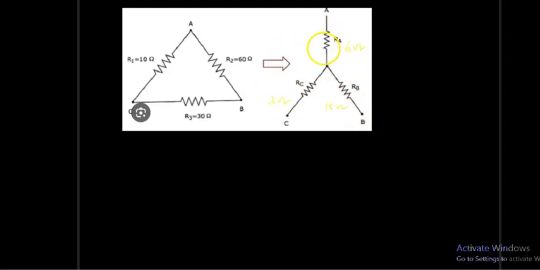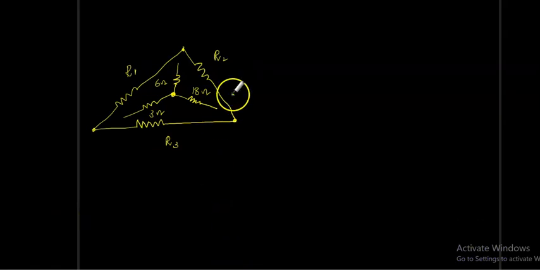Let's use the same values to convert this star to delta, and see whether we get the same answer. Again we are going to do the reverse process. Now we have the star configuration, its values are known, and we are going to find the equivalent delta connection.